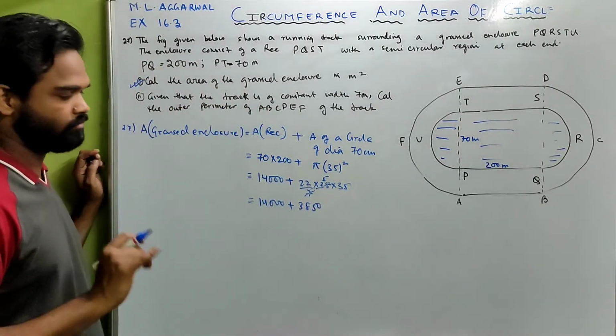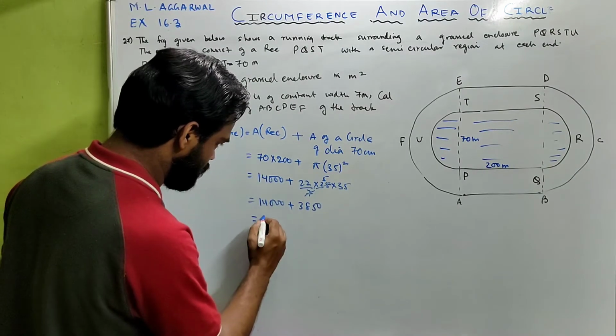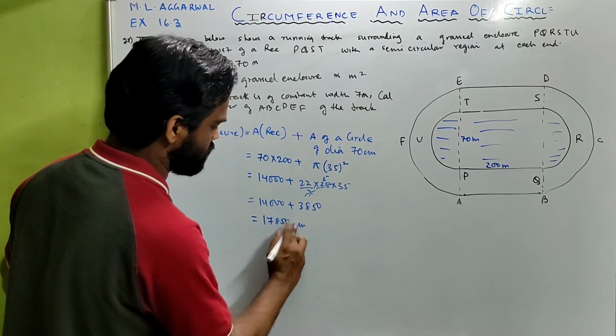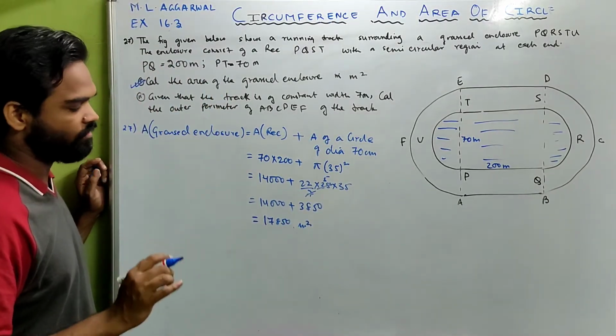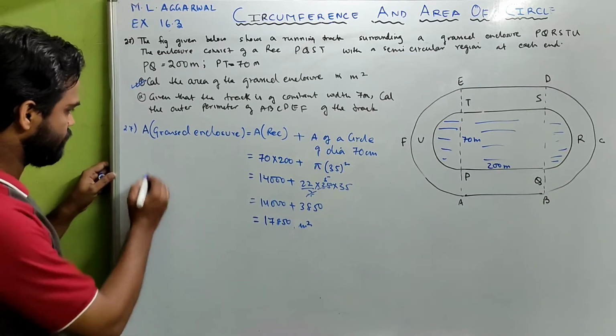Am I clear? So just add it, 17850. That is the area of the grassed enclosure, 17850 meters square. First part is done.